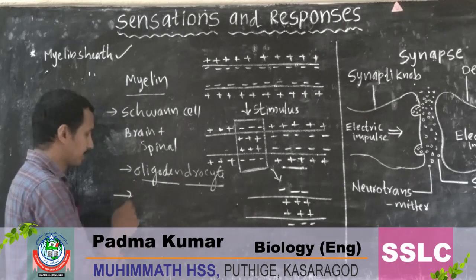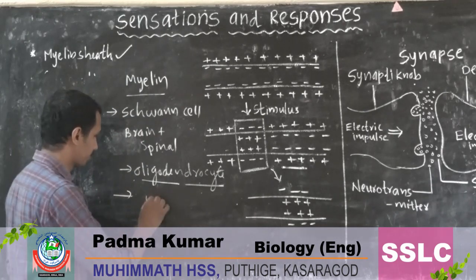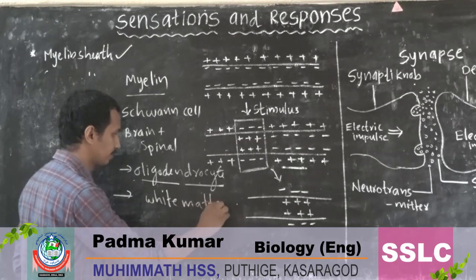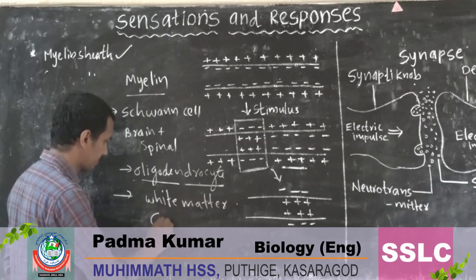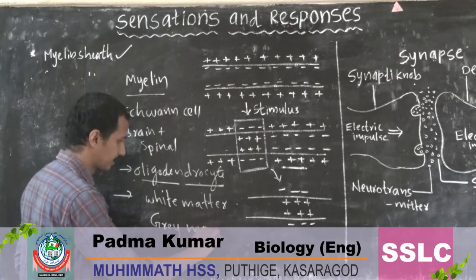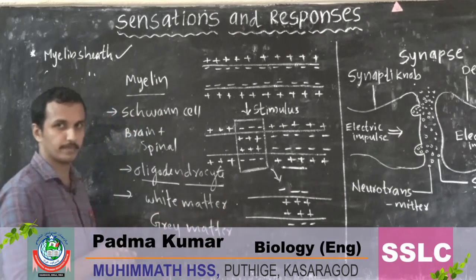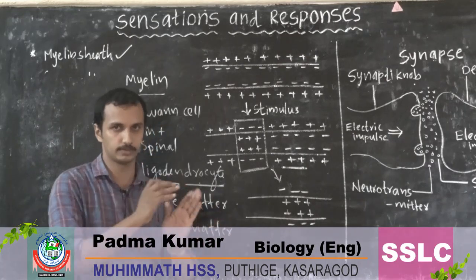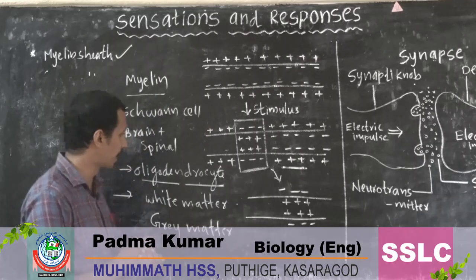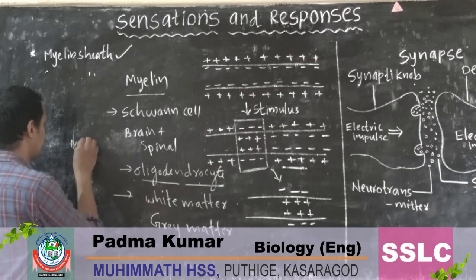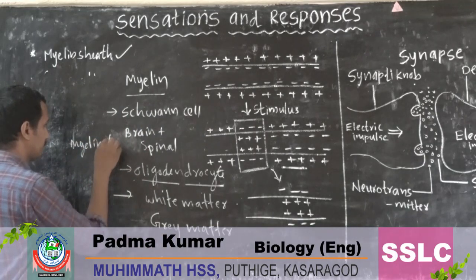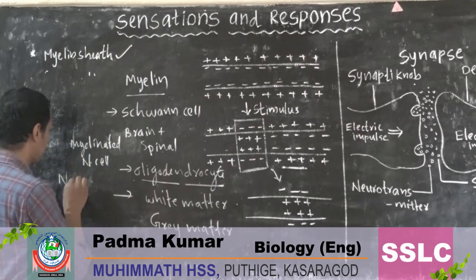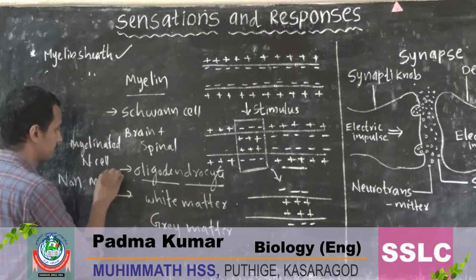We can classify regions of the brain into white matter and grey matter, based on the presence or absence of myelinated nerve cells and non-myelinated nerve cells.